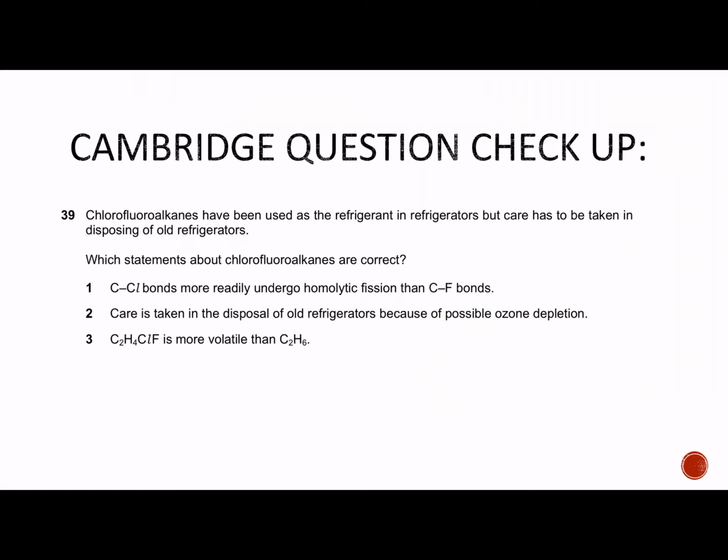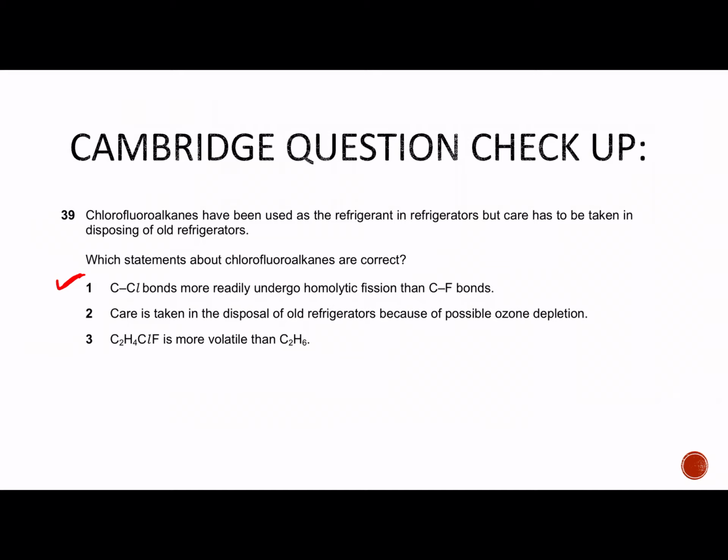Carbon-chlorine bonds, yes, they would undergo homolytic fission easier than C-F bonds because the bond energy is lower in C-Cl versus C-F. Unsure? Double check your data booklet. Remember that I did post the data booklet on Google Classroom, so you'll want to have a copy of that handy with you. Or take a picture of the data values for the bond energies and then write them down if you left your books at the school.